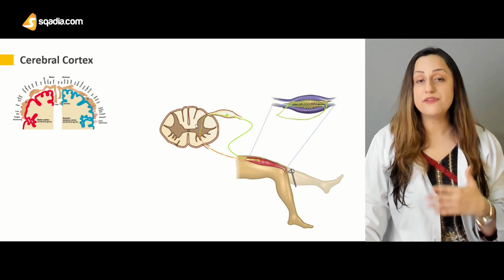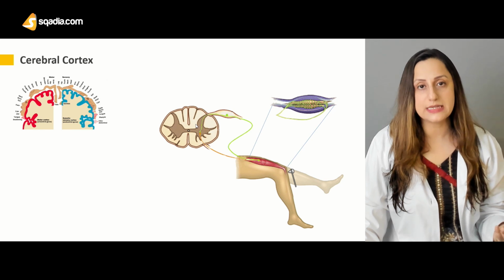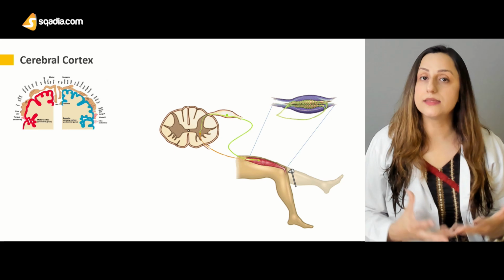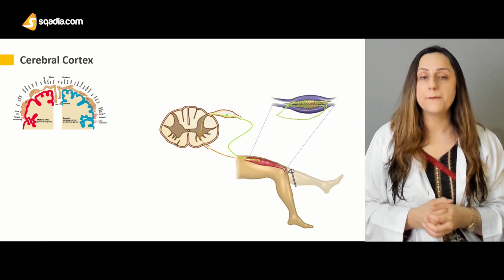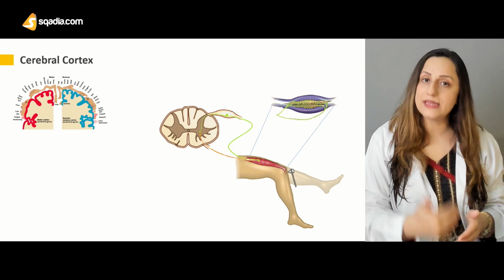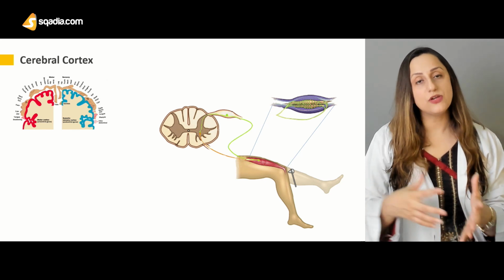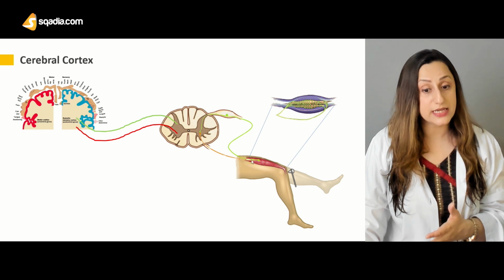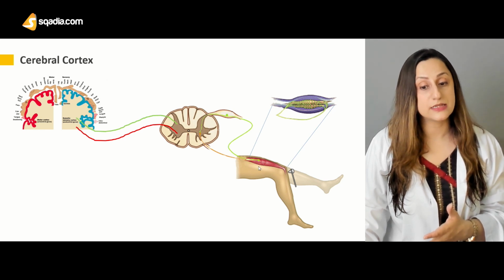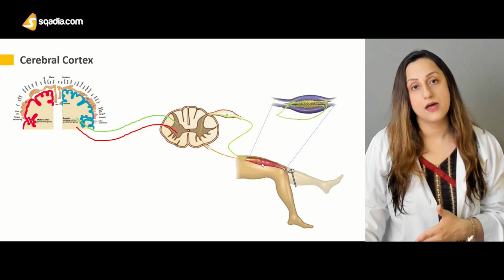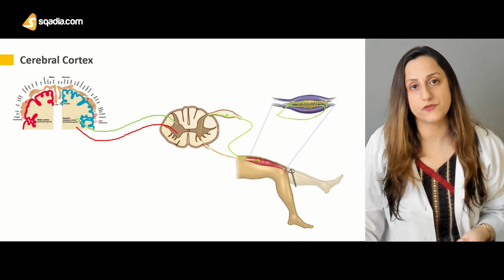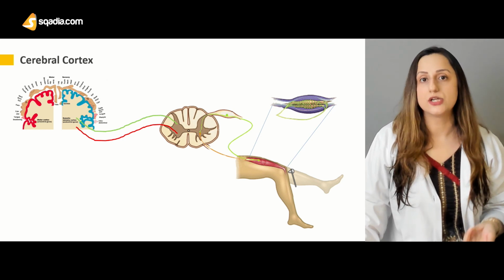Rather, even before that, some of the information is sent back to the higher centers regarding the proprioception or the movements that are taking place. But even before that integration takes place, the reflex occurs in that particular organ, because one of the set of neurons sends information back to that particular set of muscles, and there is the contraction of this set of muscles which causes the knee jerk to take place.